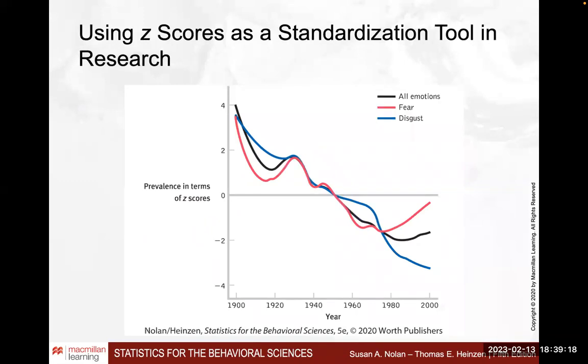The example that Nolan and Heinzen show here, which I actually find very good, is emotions, the emotion of fear and the emotion of disgust. No idea what study that was, but basically it's showing it over the last 100 years, from 1900 to 2000, and it shows how all emotions and the two components, fear and disgust, have changed over time.